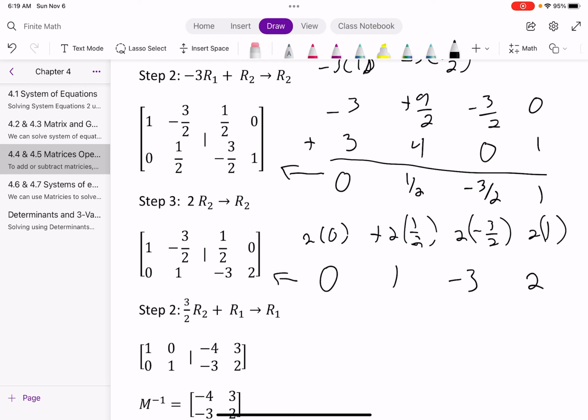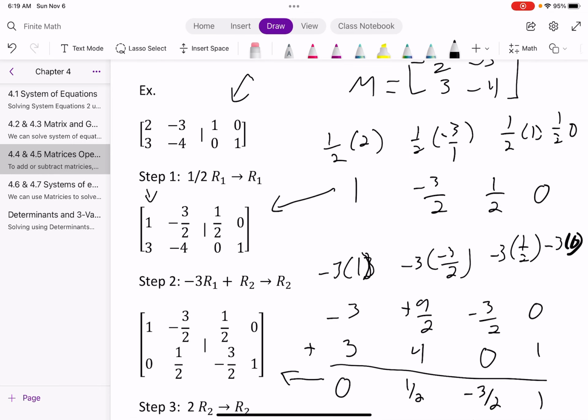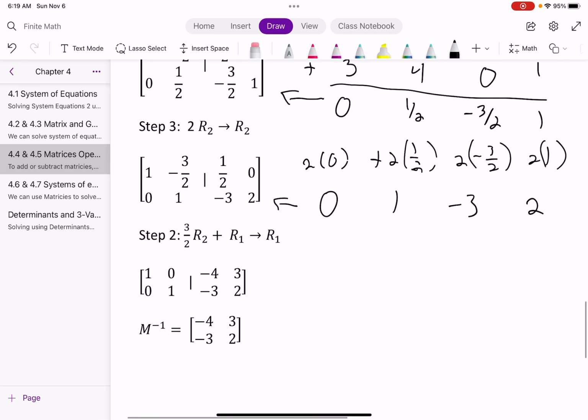And look, again, now I have my 0, 1 here. The reason we're doing this is we're trying to take our old matrix and basically swap the places. Where we started up here, our identity matrix on the right, we want to make it on the left. And we're taking our matrix M and moving it to the right, which will create our inverse M matrix.